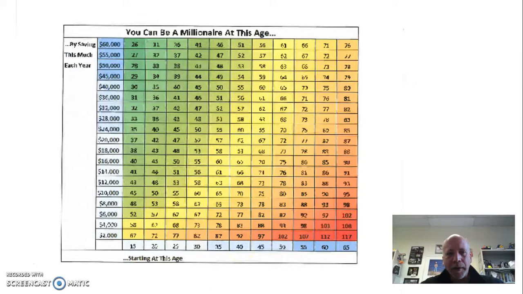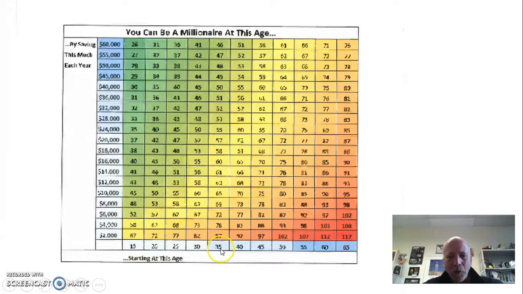This sheet here, I actually don't recall what the interest rates were, but it basically said that if you start saving at age 25 and you save, let's say, $6,000 a year, by the time you get to age 67, you will have $1 million. So again, at 25, saving $500 a month toward your retirement can generate $1 million by the time you're 67.